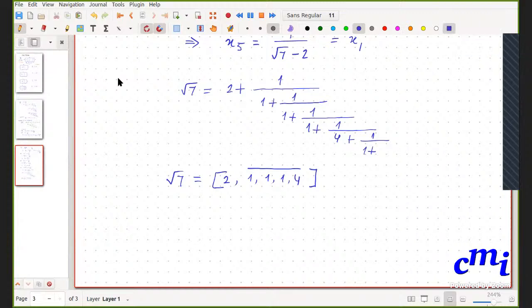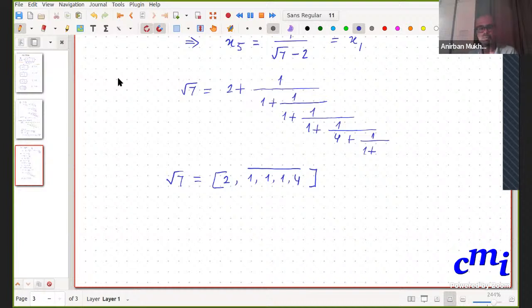And even more interestingly, if you know a continued fraction expansion, then you know how fast these rationals converge to that irrational number. Whatever irrational number you started with, you also know the rate of convergence. So it gives you a lot of information about approximating irrationals by rationals.